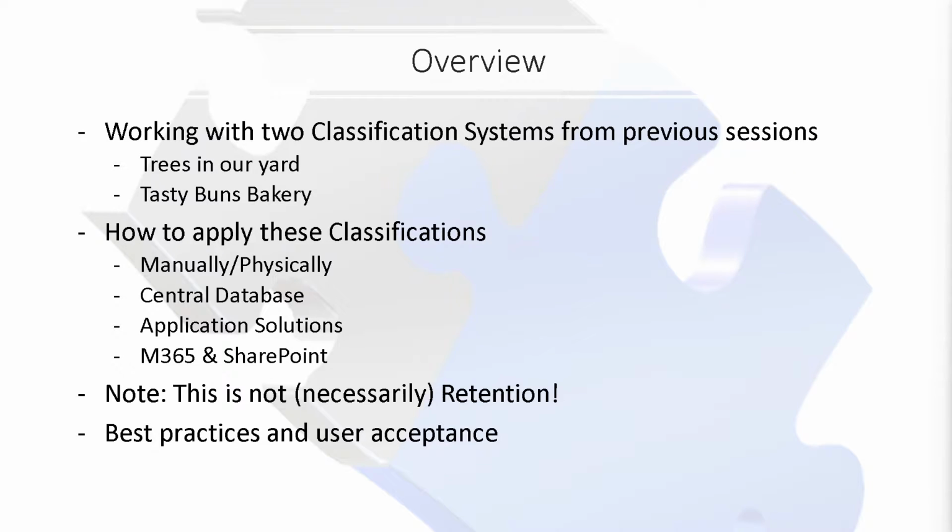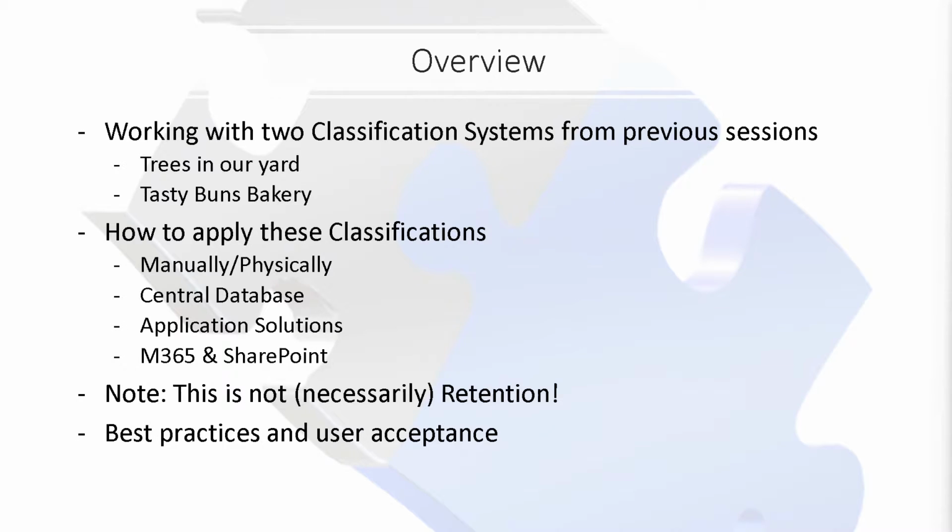For an overview of today's presentation, we're going to be looking at two classifications from previous sessions. In the first session, Classification 101 with Daryl Schrader, there were great outlines on the terminology and everything to do with our classification systems. And we'll build off an example he used with the trees in our yard and how we can apply classification.